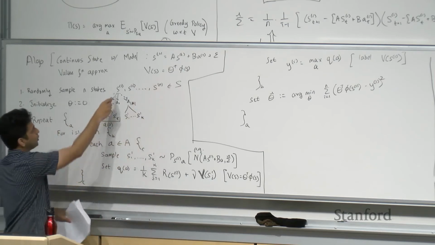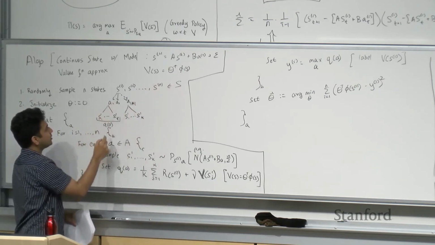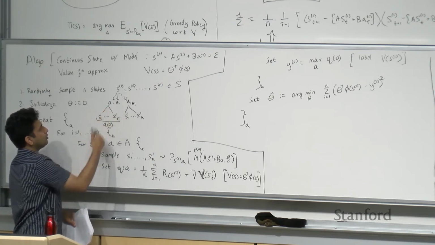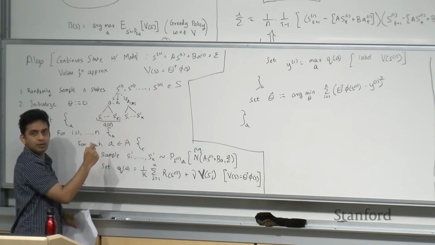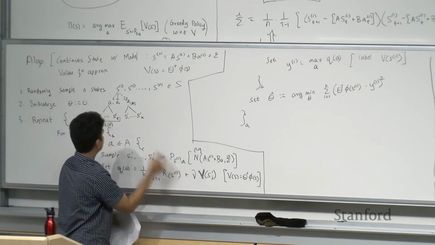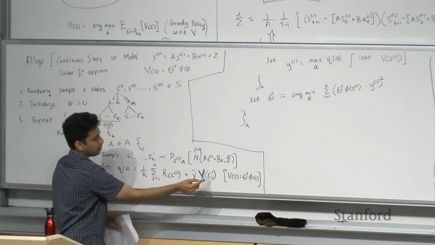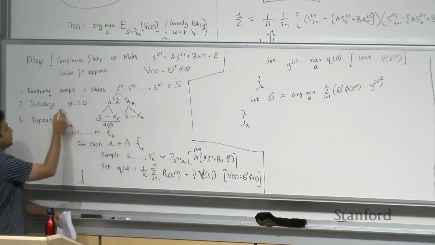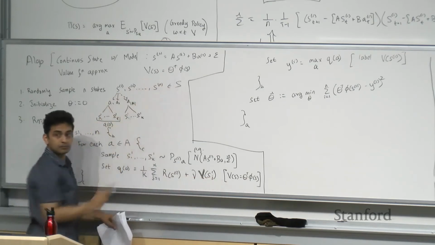So what we do is, for each S, we take all the possible actions, and from each possible action, sample new states, and for each of those new states, calculate the value of each new state according to the value function approximation that we have, right?